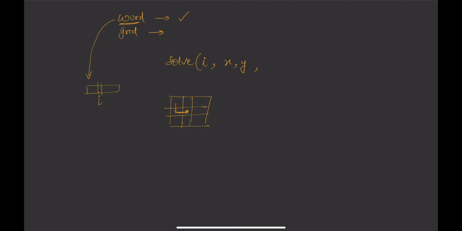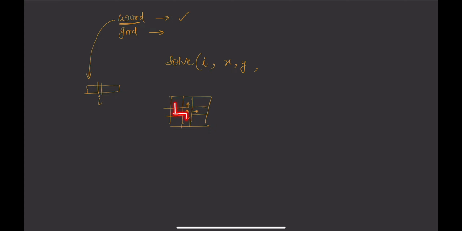So from here I need to check in all the 4 directions, right? Or only 3 directions are possible? Yeah, because if I'm coming from here, we cannot use the same letter twice. What if I have come from here? I cannot go back here. That means I need to remember the path also.